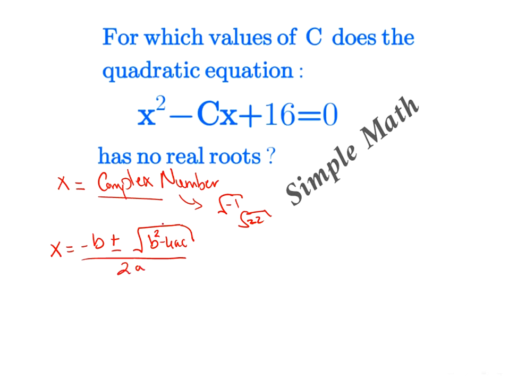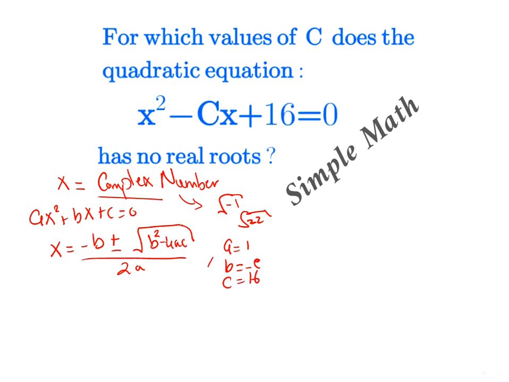This formula is applied to a quadratic equation in the form ax squared plus bx plus c equals 0. So by analogy with our present equation, a equals 1, b equals negative c, and c equals 16.